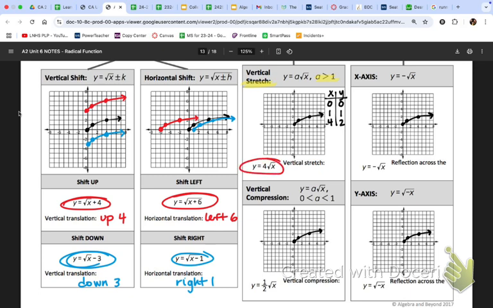So I'm going to multiply my y values by 4. Make a note of that because this is the one that's difficult.